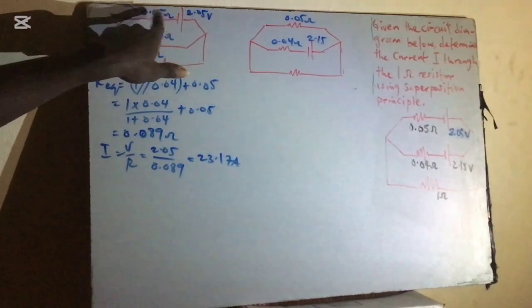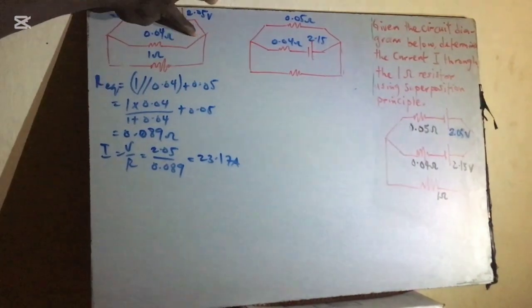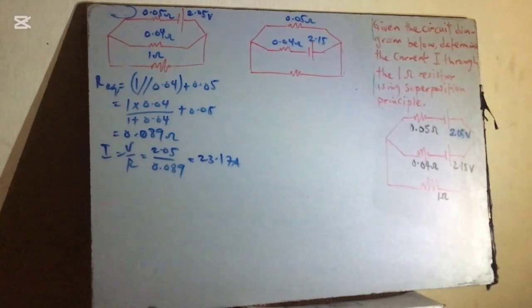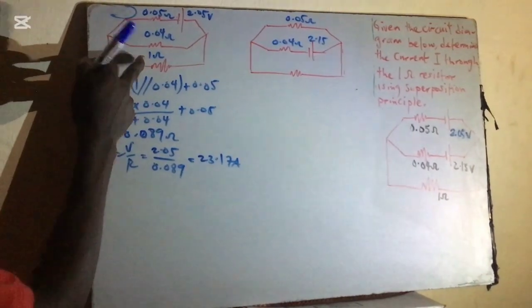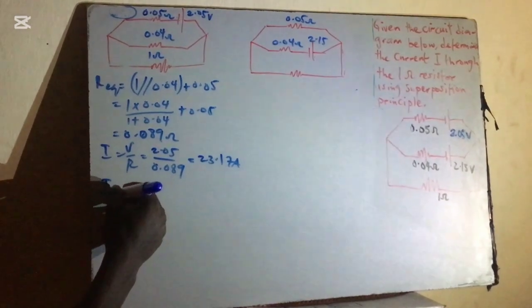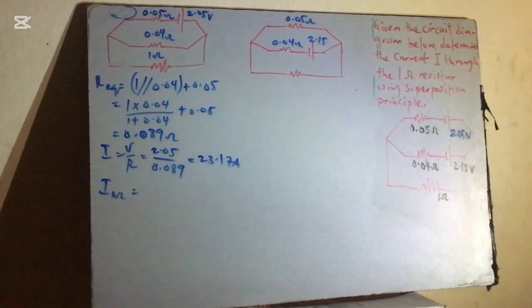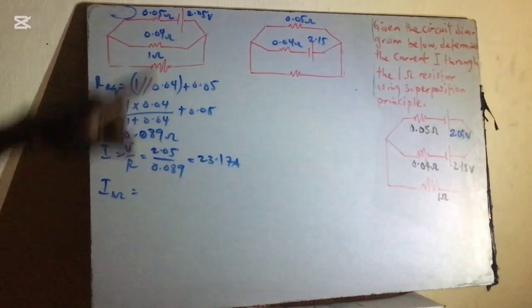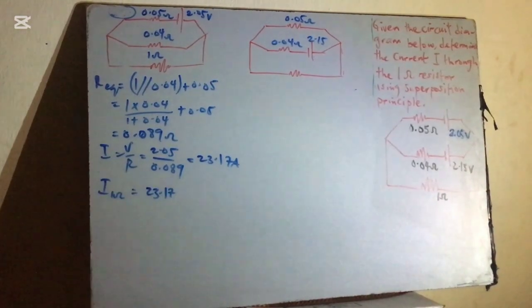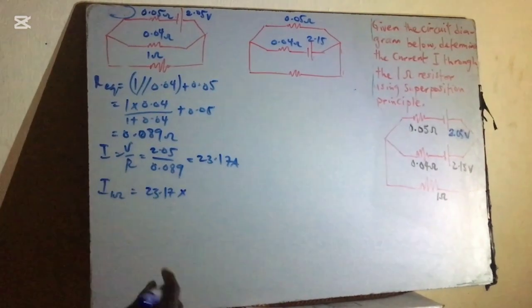So this current that we got here is going to split into two. One is going to come here, one is going to come here. So that means we are using the current divider. And how do we do that? To get the current flowing through the 1 ohm, we are using the total current, 23.17, multiplied by the other resistor.